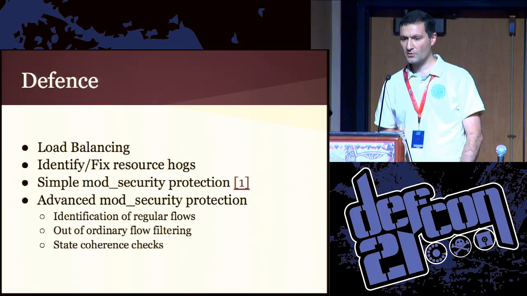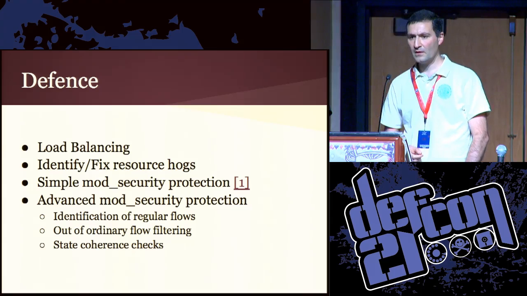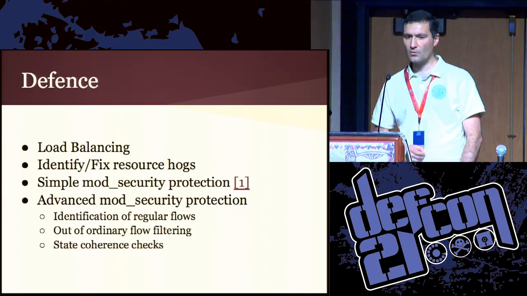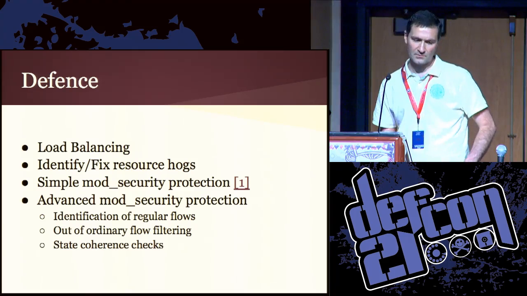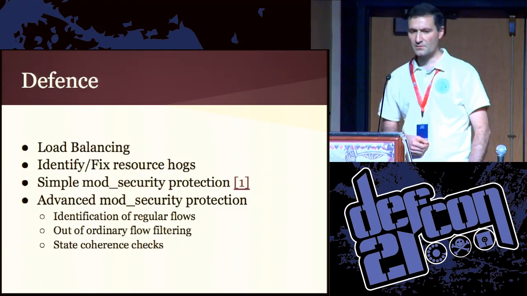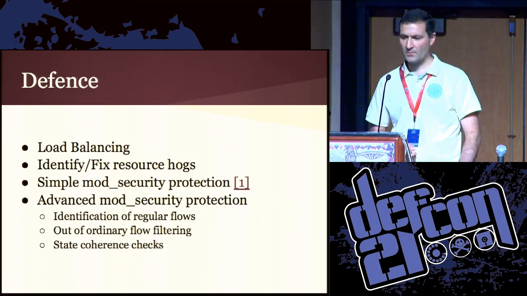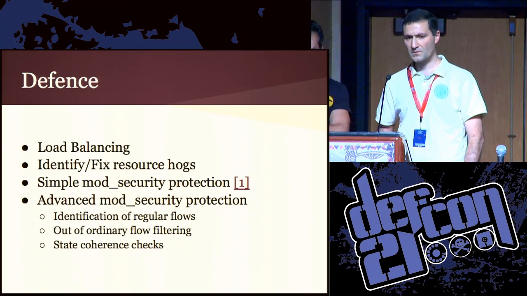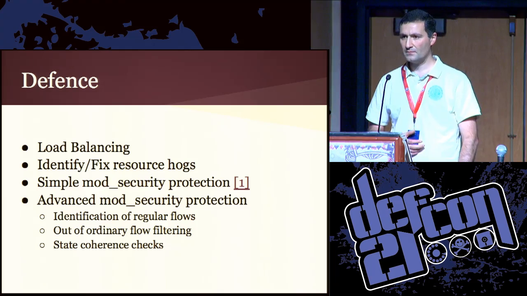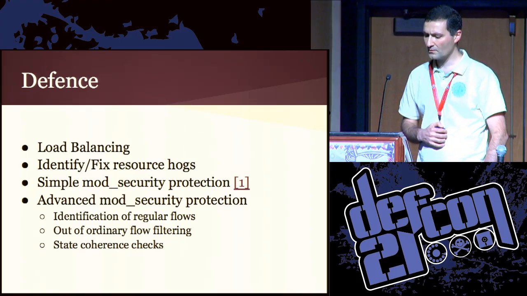And it will track and tag out of place requests. For example, if a resource is requested all the time through some chain of events and this resource is requested immediately, that would warrant some special consideration. Same goes for state coherence checks, where a resource is always requested with some state, and now a request comes in without a state, that's an indication to pay some close attention to that as well.